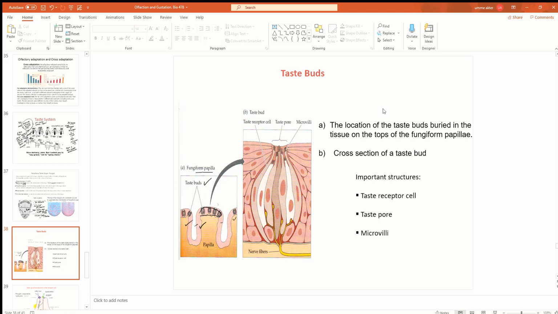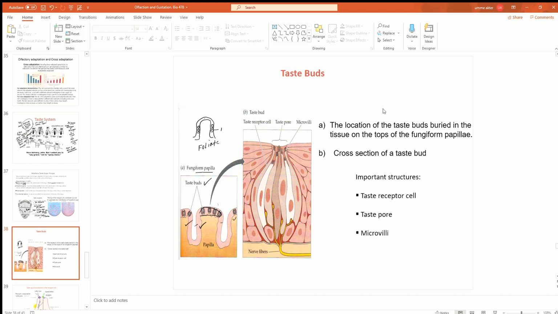Then if you see a foliate papilla, in case of foliate papilla, the receptors are not located in the upper surface. They're found in the sides of the papilla. So this is foliate. Circumvallate is also like that.